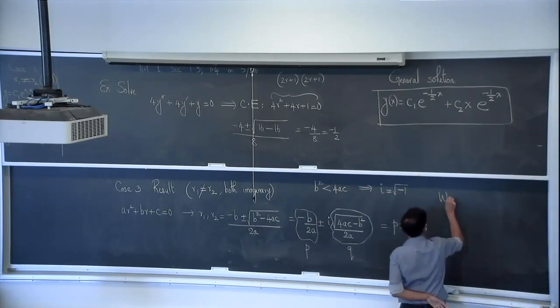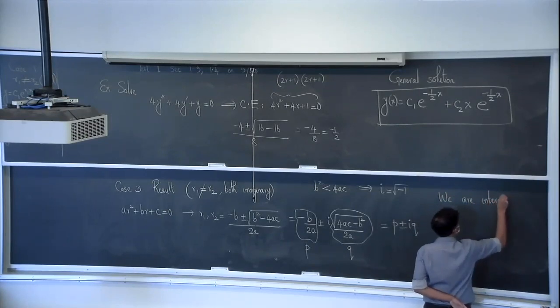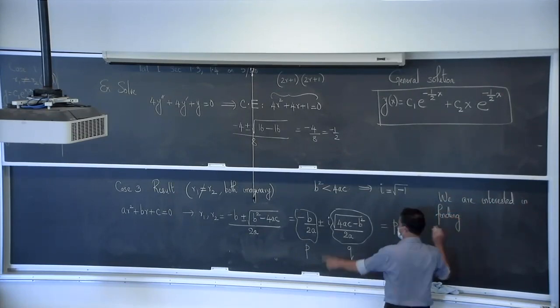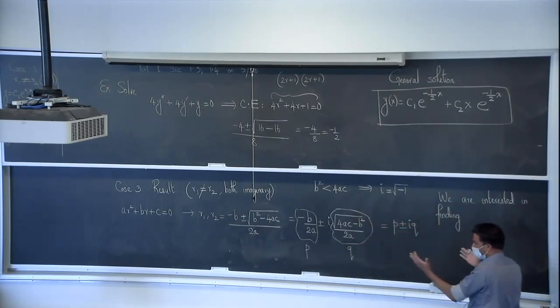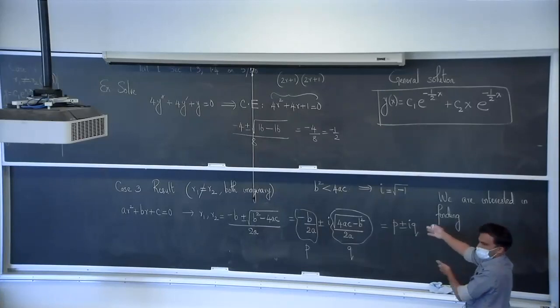And we are interested in finding, remember that A, B, C were real numbers. So we are taking a real world problem and trying to do this, and suddenly we get hit with these imaginary numbers. We don't know what to do. That is where we had to be clever.